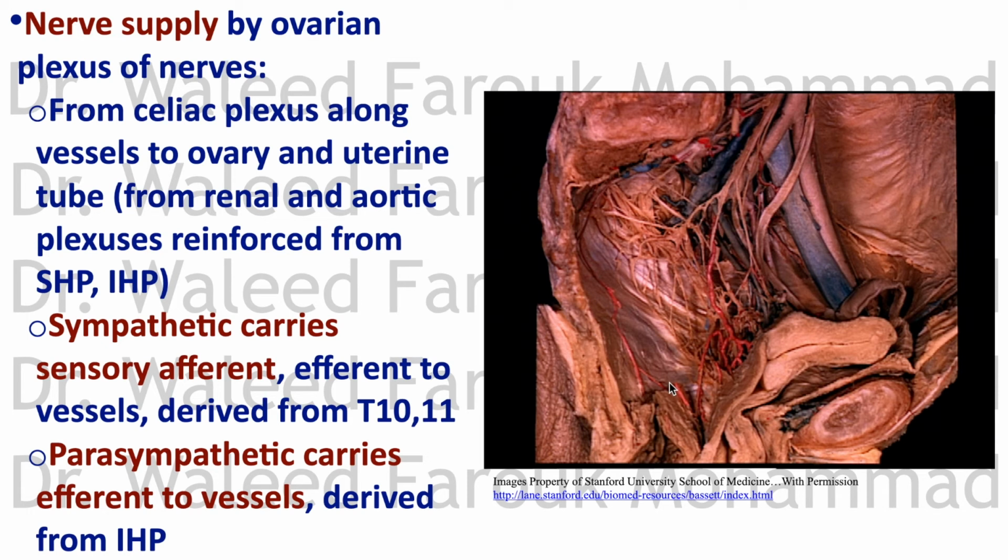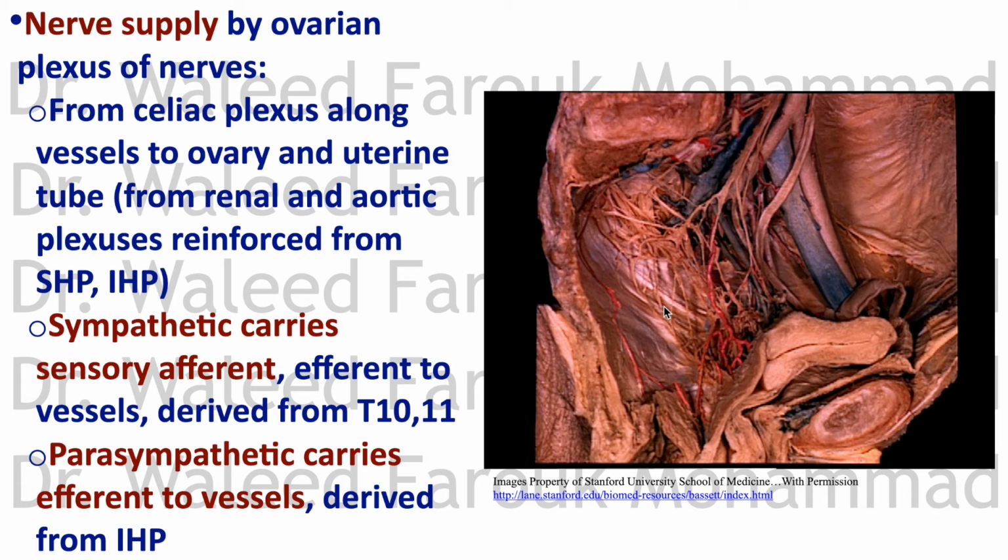Now, the sympathetic is sensory, afferent, and the parasympathetic is mainly efferent to the vessels. And how did it reach here? From extension from the inferior hypogastric plexus. And how did it get to the inferior hypogastric plexus? From the pelvic splanchnic nerves. Remember when we described the parasympathetic supply of the hindgut?